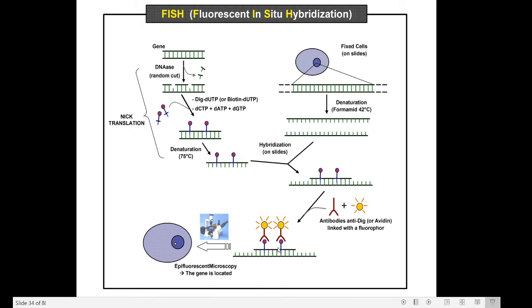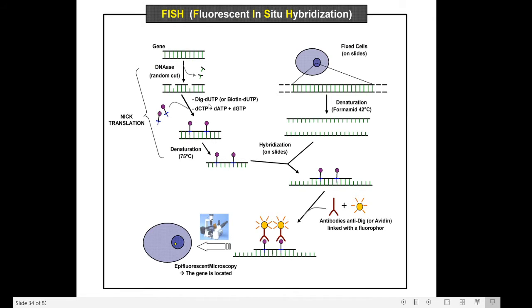This biotin label helps us recognize the specific antibody, that is avidin, biotin-avidin. They both help to explain the fluorescence in hybridization.